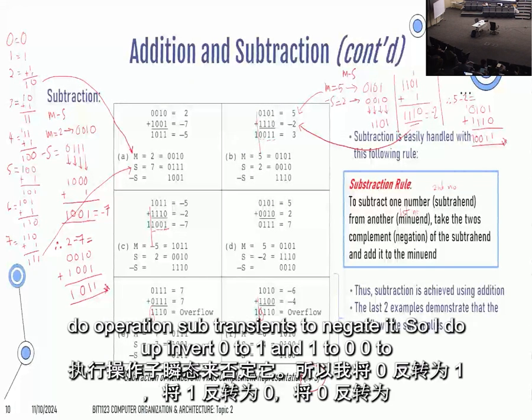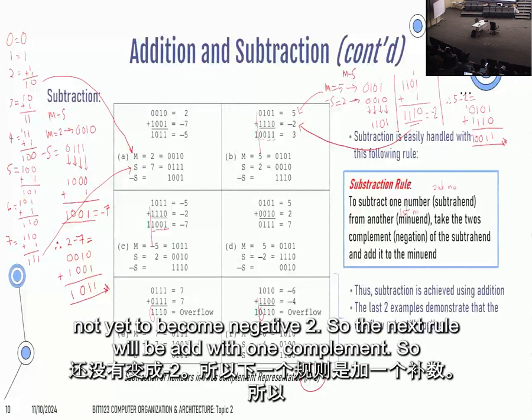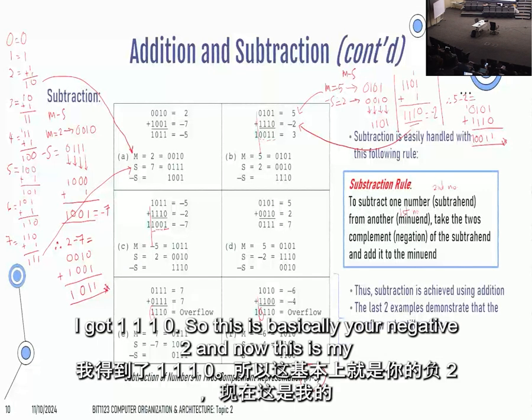Now I need to do the operation on the subtrahend to negate it. So I invert 0 to 1 and 1 to 0. So I got 1, 1, 0, 1. I'm done inverting, and this changes the positive 2, but not yet to become negative 2. So the next rule will be to add 1. So I got 1, 1, 1, 0.